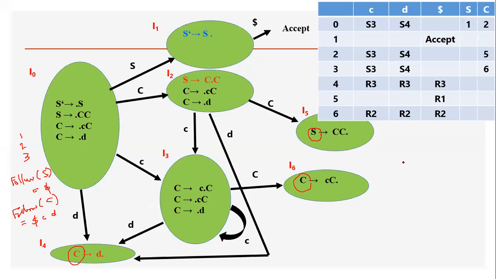Now, after solving this, we will move to the next very popular ambiguous grammar, that is E derives E plus E, E derives E star E, E derives ID. For this also we will try to construct the SLR table.